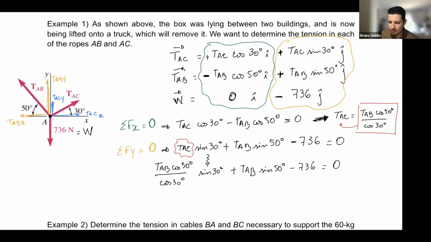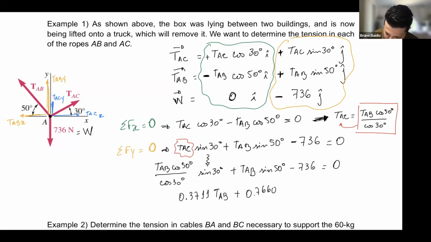Let me go to maybe the easiest one. Okay, I don't have the step-by-step here in my notes, but I will do it right now for you. I'll do this calculation here: cosine of 50 times sine of 30 divided by cosine of 30. I have 0.3711. I put 4 decimal places here because it's not my final answer. TAB. What is the sine of 50? 0.7660.